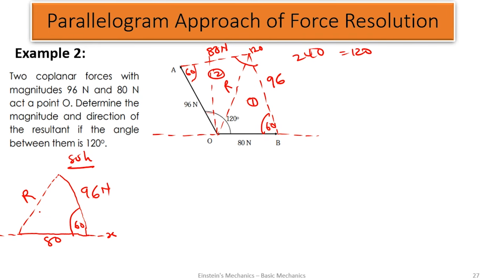So now we can use the cosine rule because we have a triangle where we have two sides given with an angle between them and another side which we are looking for.